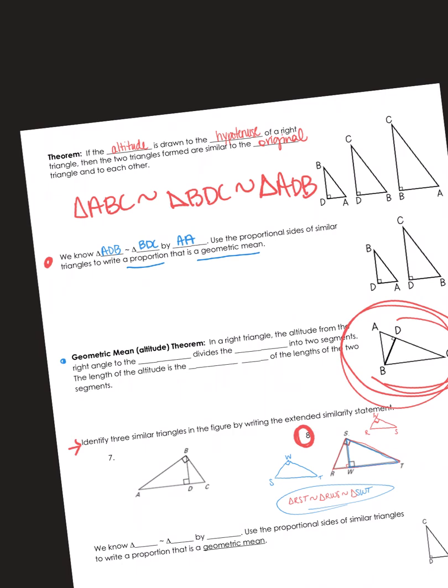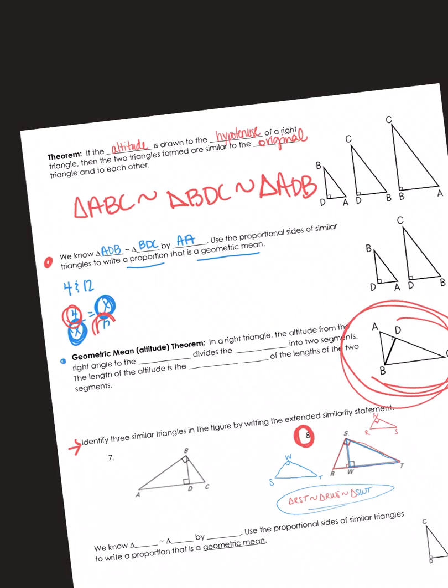So if you remember, like if you have 4 and 12 and you're writing the geometric mean, we were calling it x in the previous lesson, right? So it was like 4 over x equals x over 12. So these two spots for x, they are replicated and they're also in the means position. So then these two spots we called the extremes, okay?